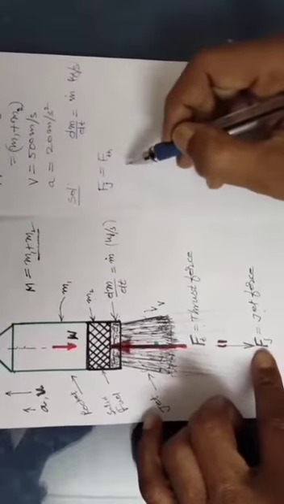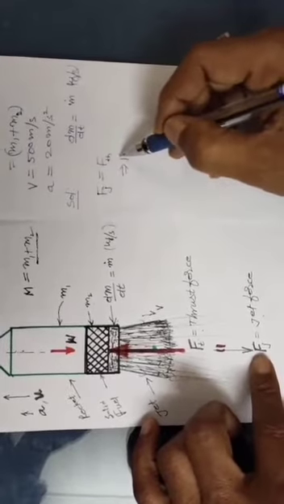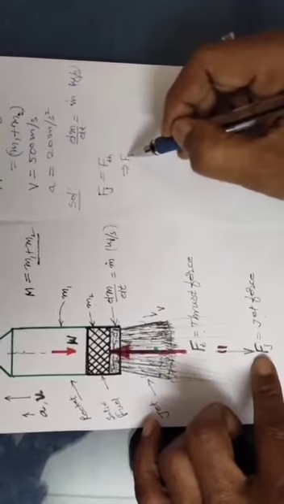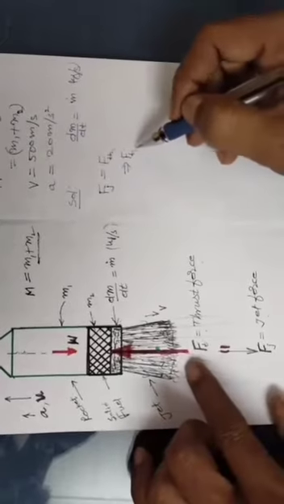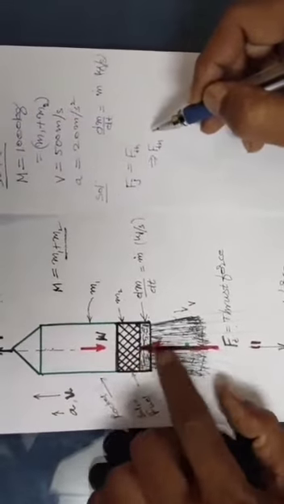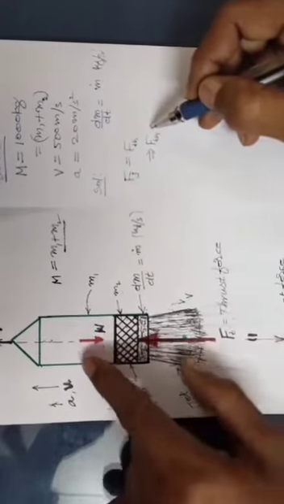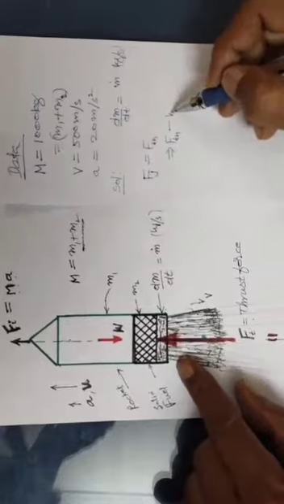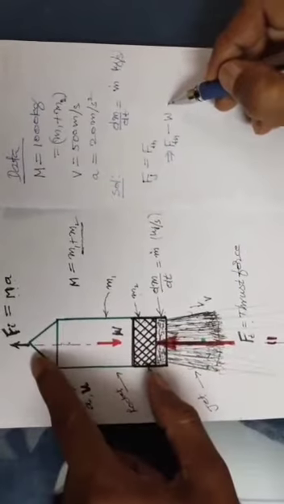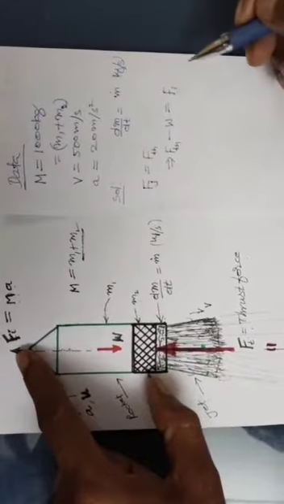Ft is the upward force, balanced in the upward direction. Ft minus W is equivalent to Fi.